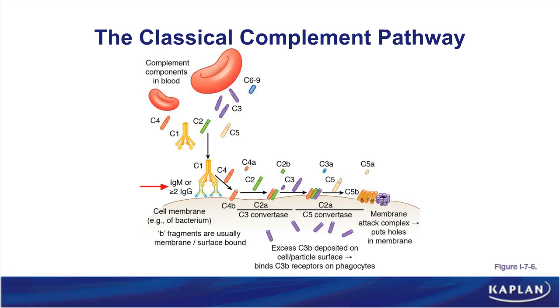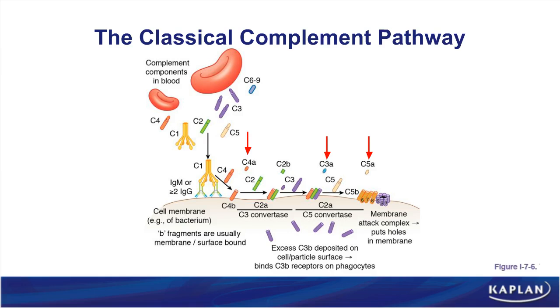We are still generating all of the really important effector molecules here. Recall, C3b is a really important molecule for opsonization and for removing immune complexes. And then don't forget about the anaphylotoxins and the chemotactic molecules, C5a, for example, C3a, and here we also have C4a.